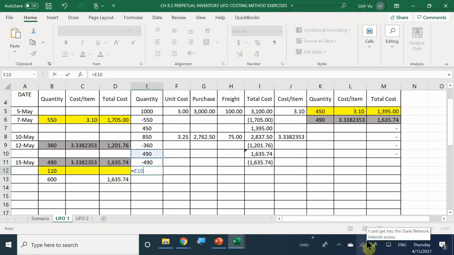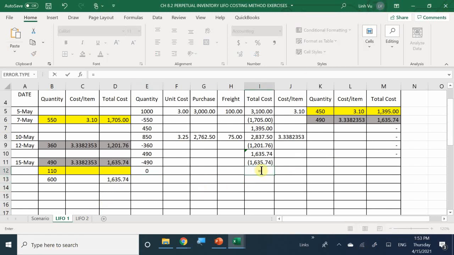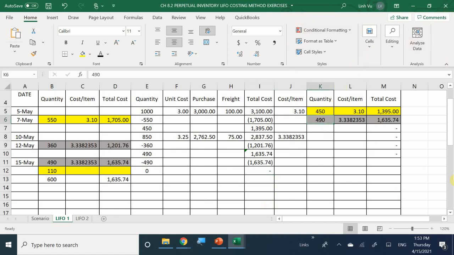If I started with 490 and I subtracted 490, what should I get? 0. Good. Same thing here. We're canceling out the whole thing, so it should be equal to 0. Now that we've completed our middle section, let's get rid of that entire gray batch. We're going to make this 0.